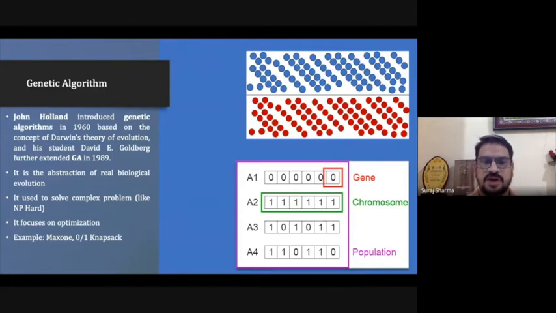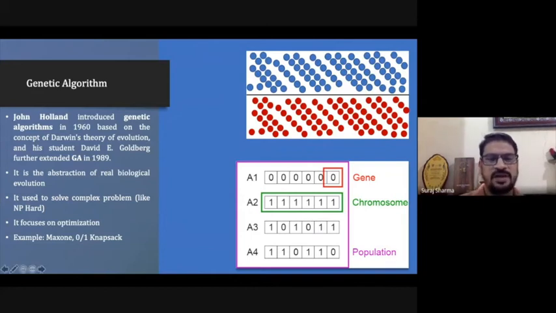So some genes of the mother and some genes of the father will be passed over to the child. If we have two good parents, they generate a good child, and again some good children generate some more refined good children. In that way they evolve.